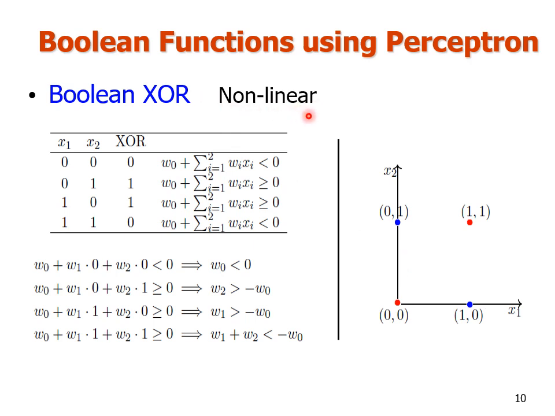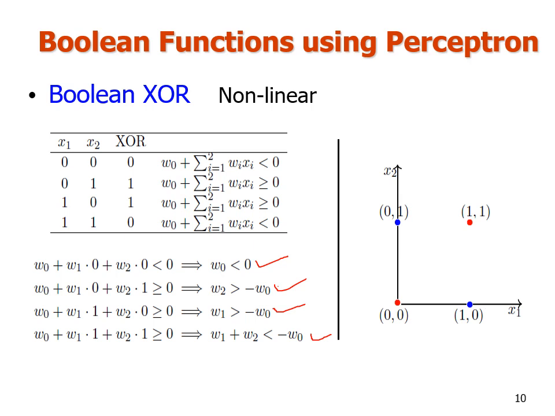If we try to use a perceptron to find the decision boundary, here we have the set of inequalities. First is W0 less than 0, W2 greater than minus W0, W1 is also greater than minus W0, and the fourth inequality is W1 plus W2 less than minus W0.